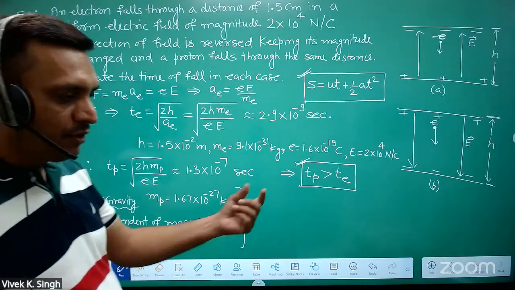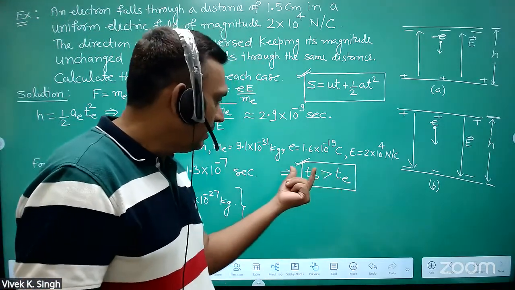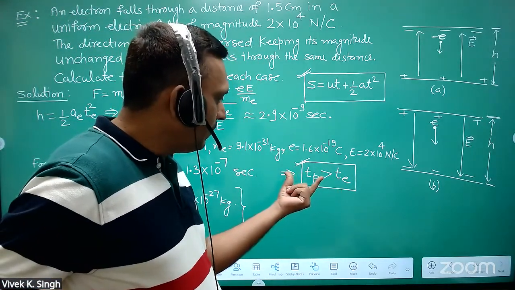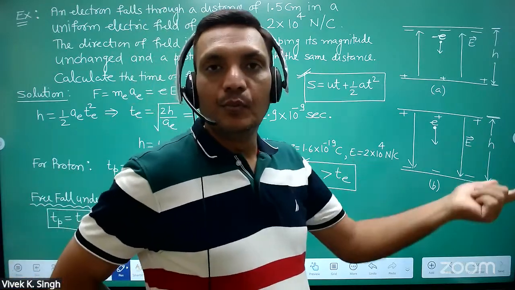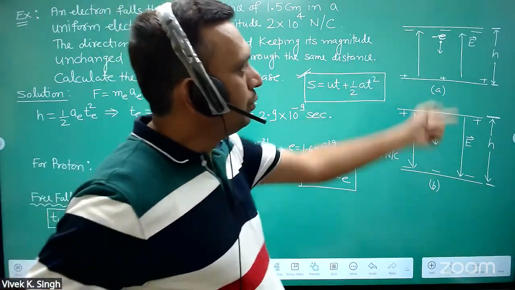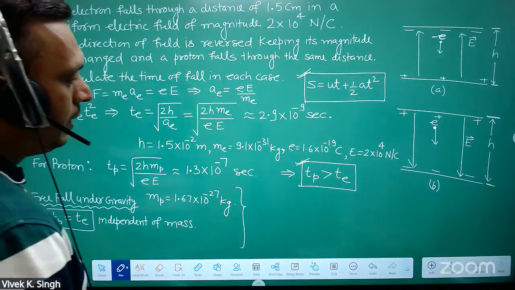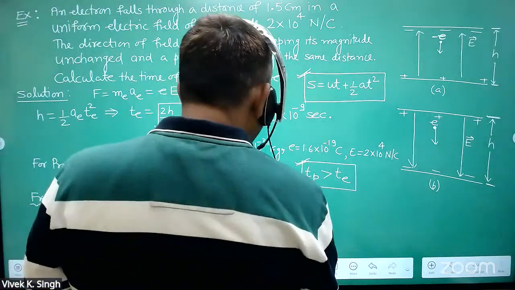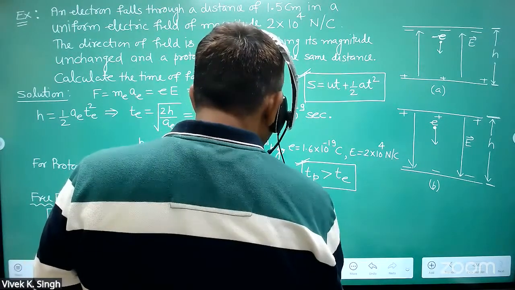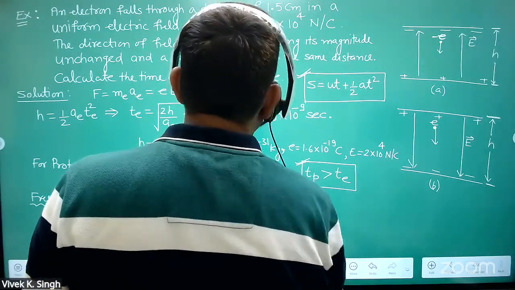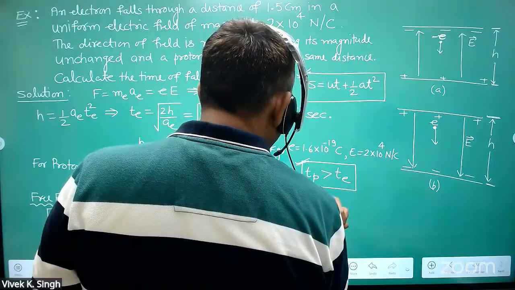But in an electric field, you can see this is the condition that the heavier particle will take more time to cover the same distance. Now what will be the acceleration of the proton? Acceleration of the proton is eE by mp.